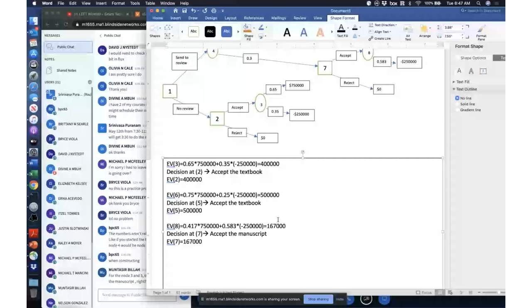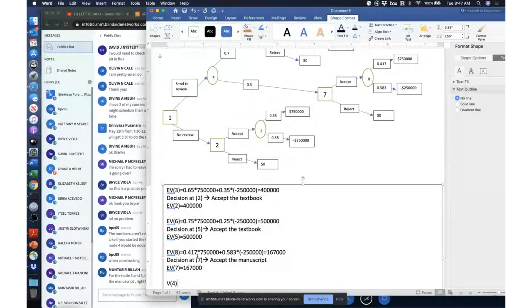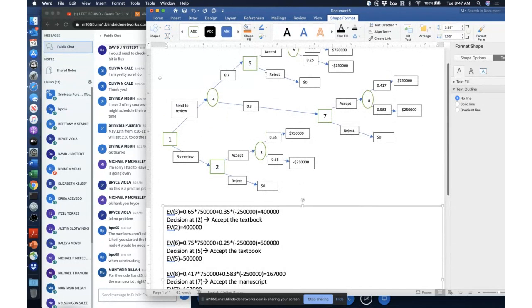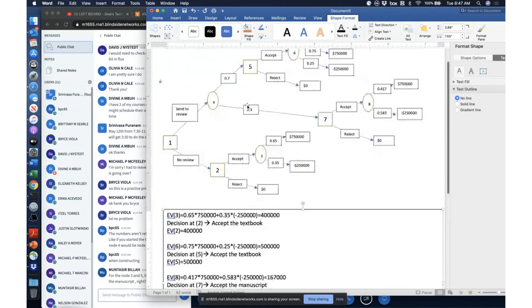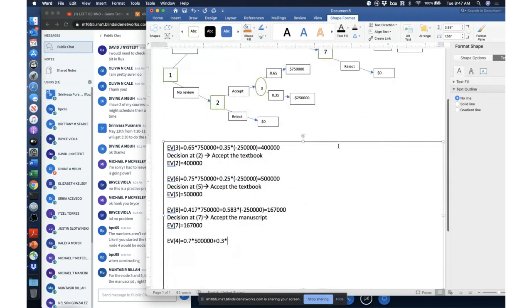So the expected value at node 4, because this is again a state of nature, will be 0.7 times the payoff here. So we know that the payoff at node 5 is 500,000. And there's a 30% chance that the review will be negative, in which case the expected payoff is 167,000.